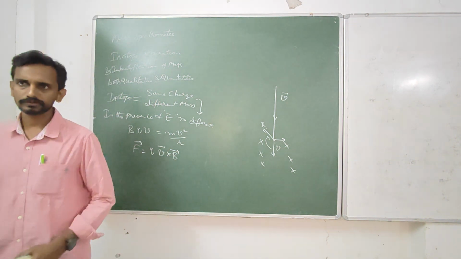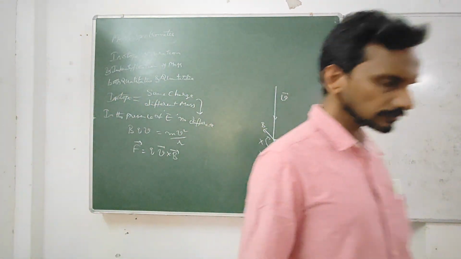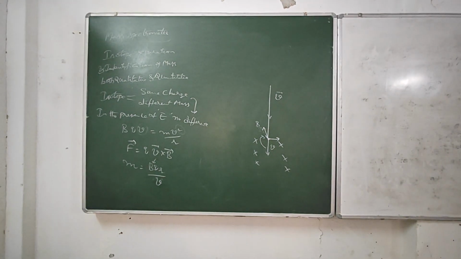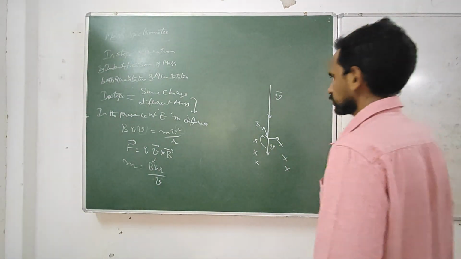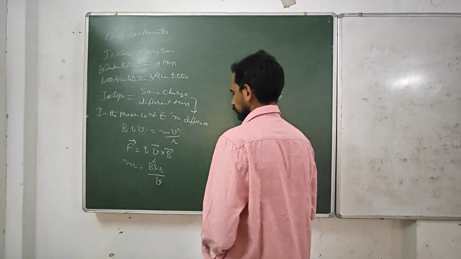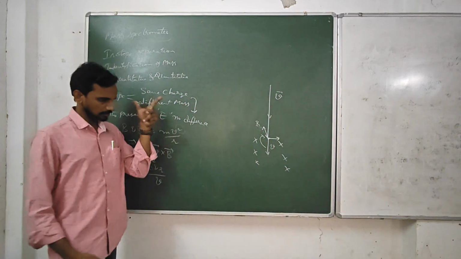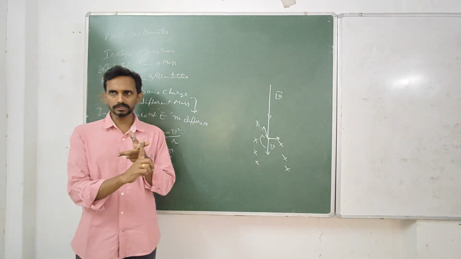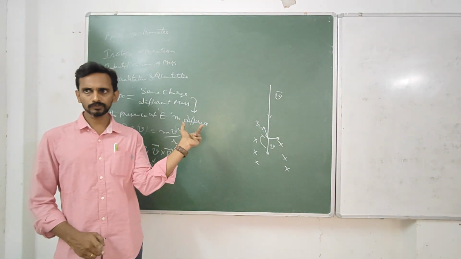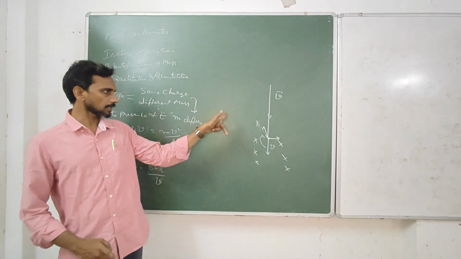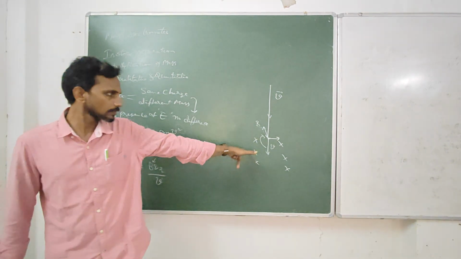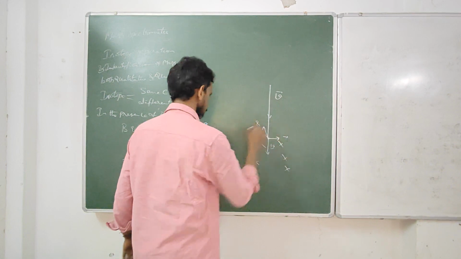Right. So even if you apply Fleming's left hand rule, your forefinger is the direction of the field into the board, the central finger is the current direction, then the thumb gives you the direction of force. So it is in this direction.